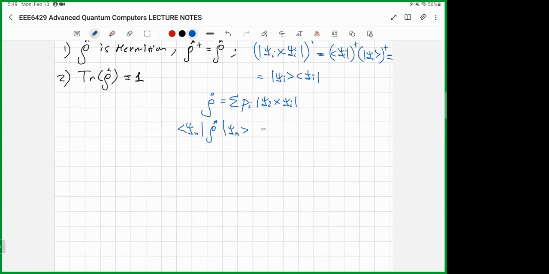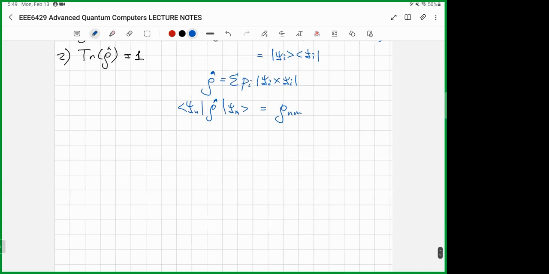So this will be the matrix elements rho_nm, like this. And now I have to take the trace of this rho_nm, which means the sum over rho_nn, right? I have to take the diagonal elements and sum them up.